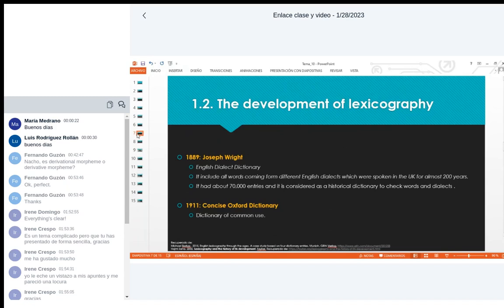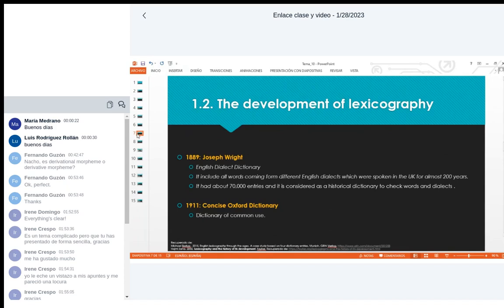Here he had around 70,000 entries, and it is considered more of a historical dictionary rather than a dictionary for use. It's just a dictionary where he included all the words that were used from, probably, the Middle English onwards.